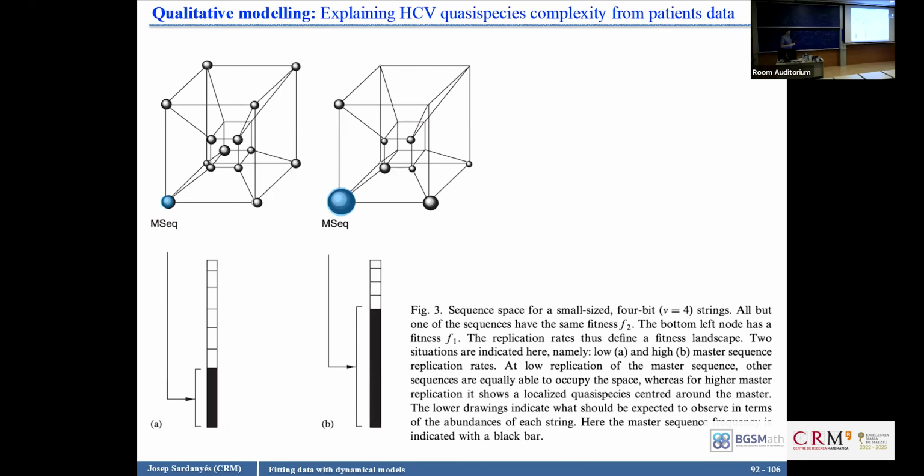Very simple model. If you remember, in my first lecture, I was talking about a model in which we have a master sequence that was reproducing under some mutation. This is the outflow term, if you remember. This is, let's say, the master sequence that in our case is the first infecting virus of the patient. And then we group.